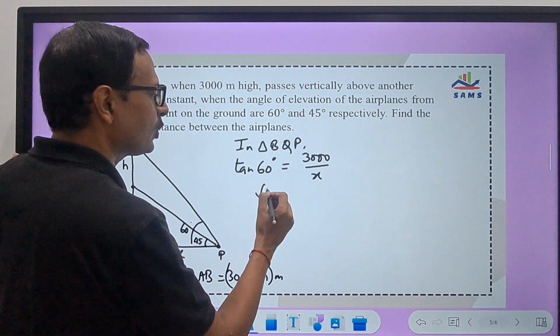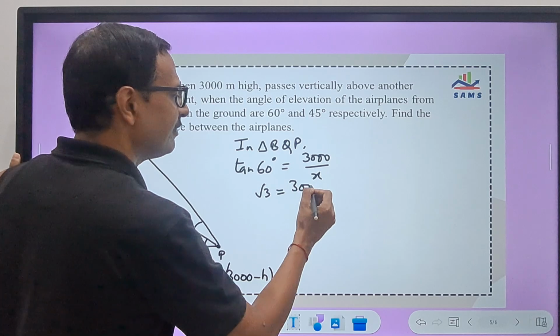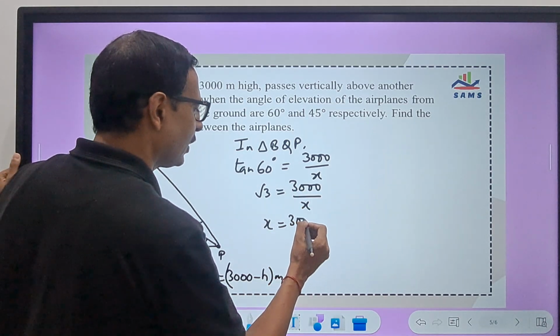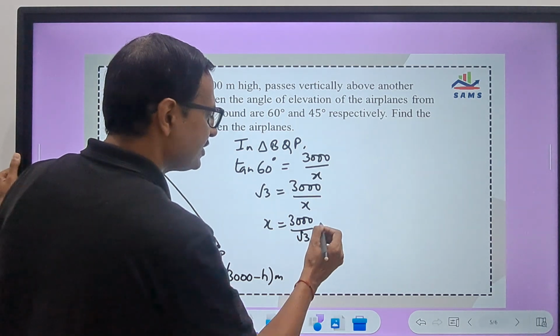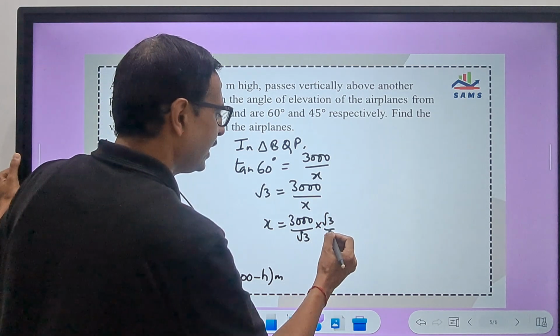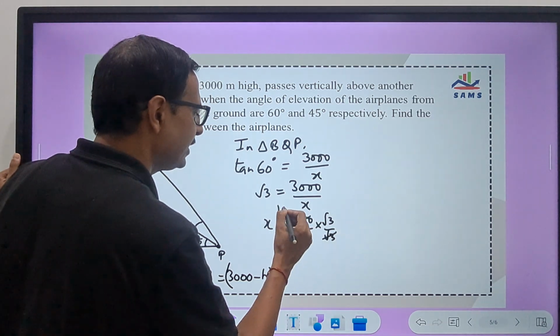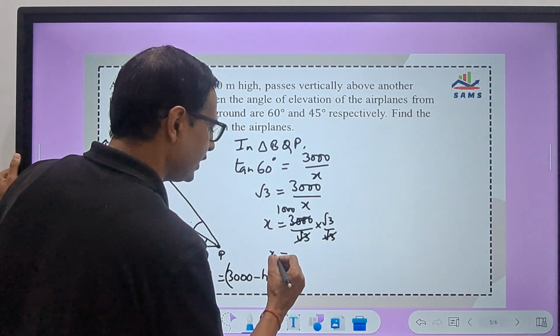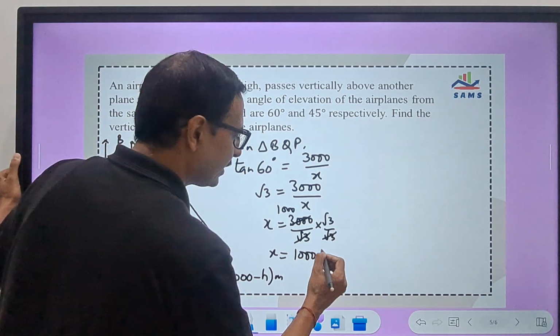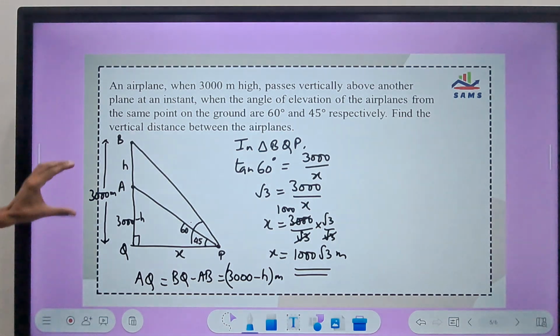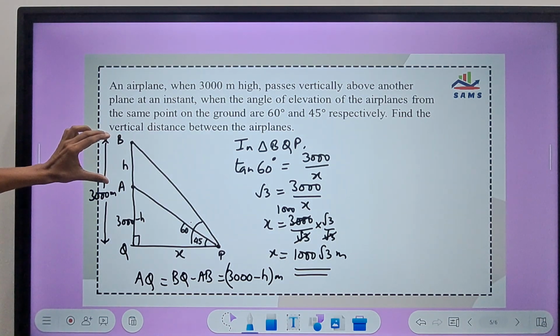And you can see if I put root 3 here, I will get the value of x directly. So x is 3000 upon root 3, which I can rationalize by root 3 and get 3000 times root 3 by 3, so this is 1000 root 3. So I get the value of x as 1000 root 3 meters, but I don't want x, I need h, the distance between the aeroplanes.